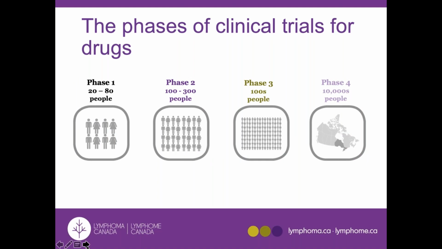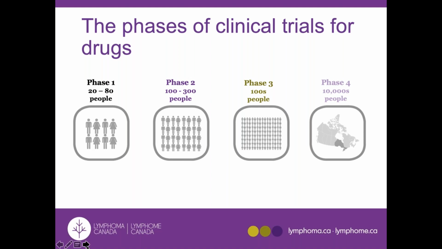So let's demystify things a little bit and talk about the different phases of clinical trials, specifically for drugs. So I've got them listed out here, just in their most basic form, but depending on the disease area, sometimes phases can be combined. Sometimes they look a little bit different from this.